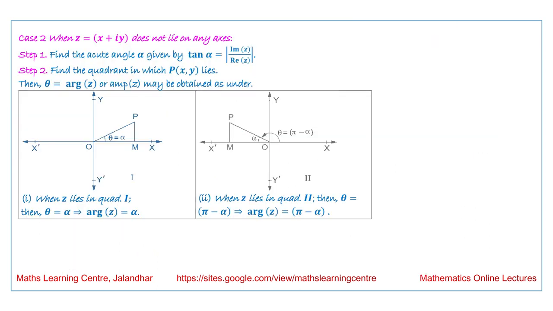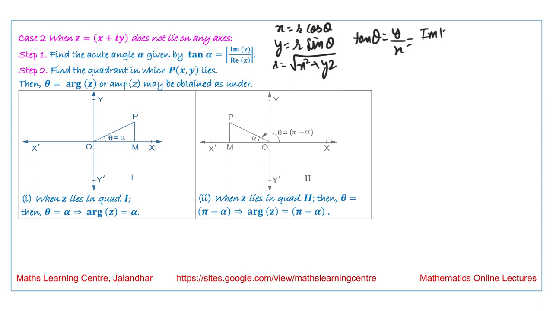Now the next case we have is when z is equal to x plus iota y and it does not lie on any of the axes. Now we know that we have substituted x is equal to r cos theta, y is equal to r sin theta. We have seen r is equal to square root of x square plus y square, and tan theta is equal to y by x, that is the imaginary part of z over the real part of z.